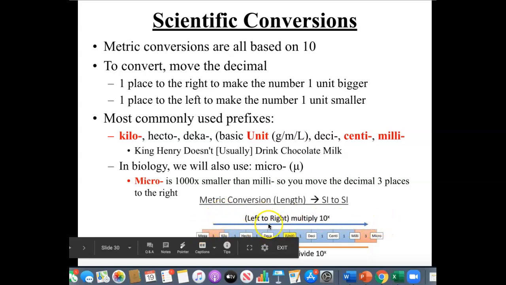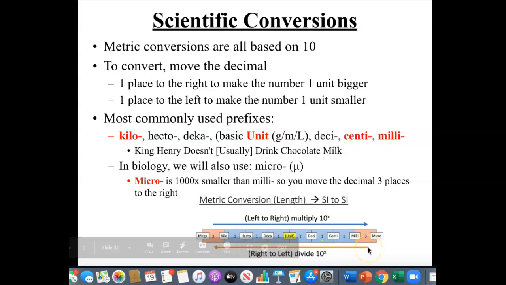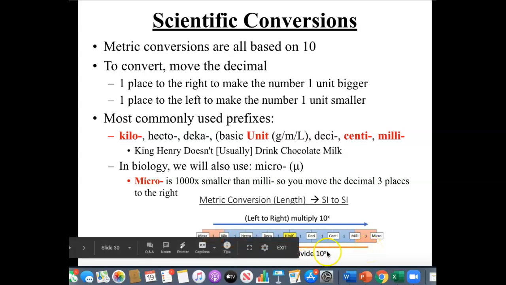That means every time you move a step on the metric ladder, you would multiply by 10 if you're moving from left to right, or just move the decimal over that many spots. If you're moving from right to left, then you'll divide by 10 each time, or move the decimal to the left, however many times you move. So if I'm going from milli to centi, then I move my decimal to the left 1 time, or I divide by 10 1 time. There are some examples on the next page.